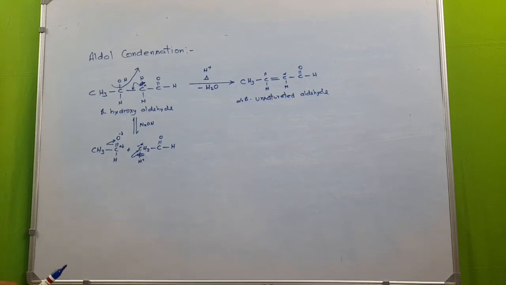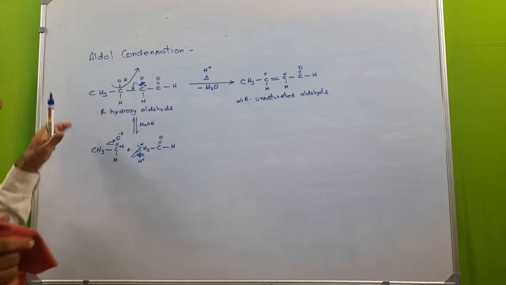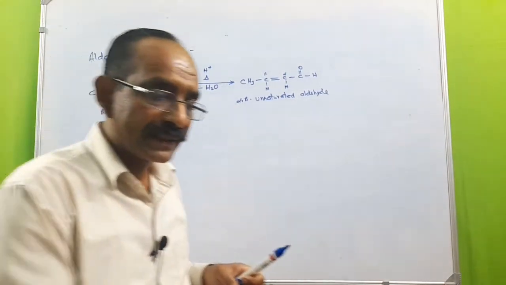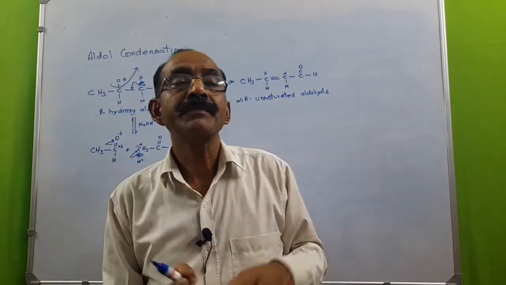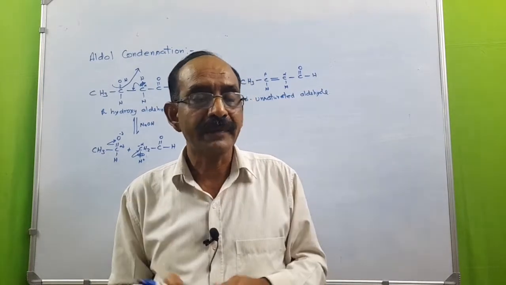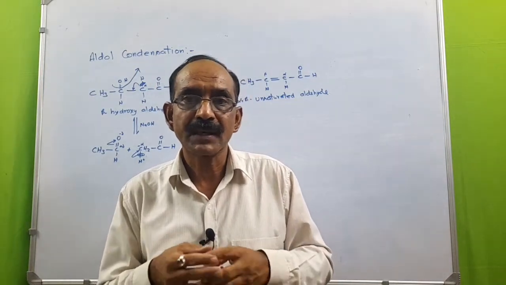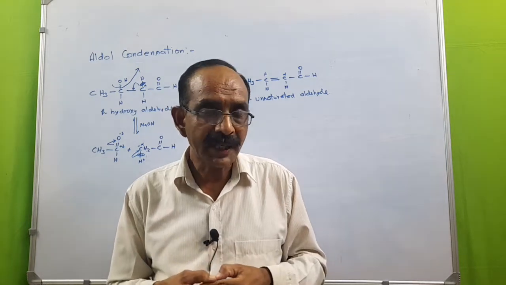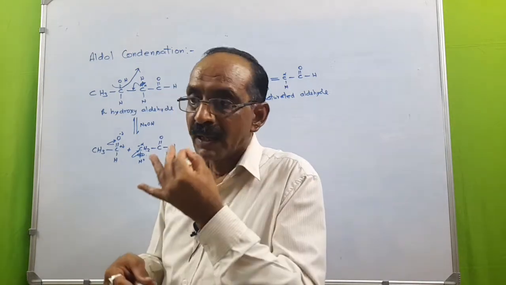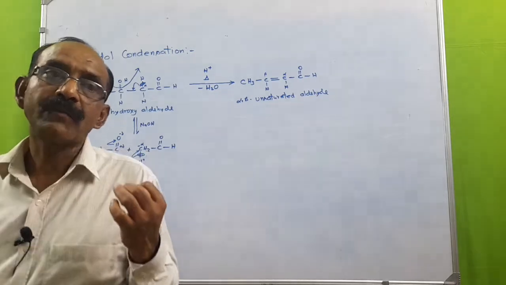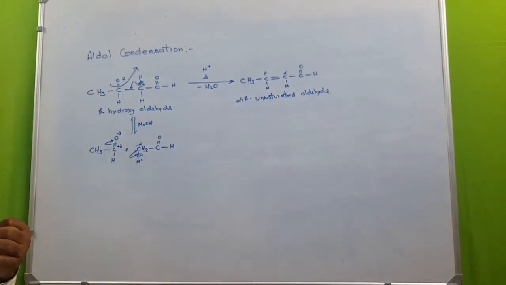Is it clear? In the two examples we discussed, both the molecules were the same. In the first example, both molecules were acetaldehyde, while in the second one, both were acetone.